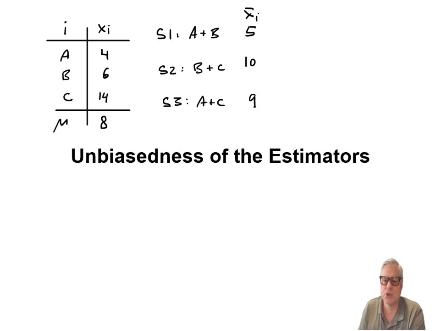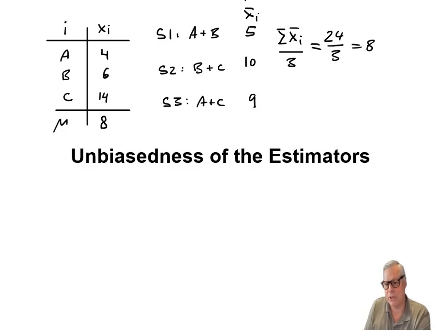Now what is the average of all those sample means? We will say the sum of all the possible sample means over 3. That is 5 plus 10 plus 9, 24 over 3, which is 8.